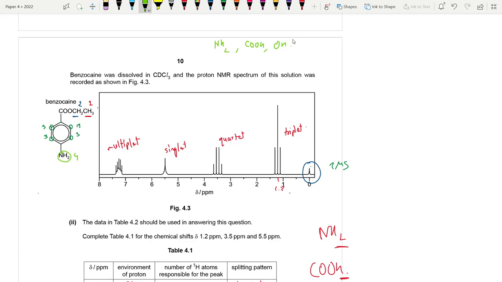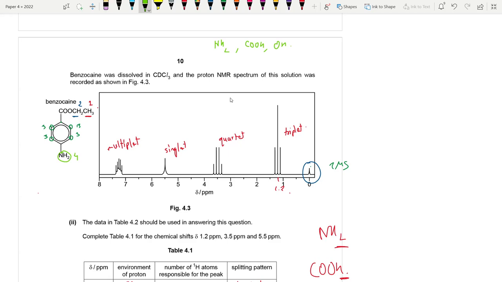If you're ever attached to NH2, COOH or OH, you're defined as a labile proton. That means if you add heavy water to the compound, the peaks will disappear. Also, since these protons are attached to a very electronegative atom, the oxygen is very electronegative, so as a result the proton becomes de-shielded.